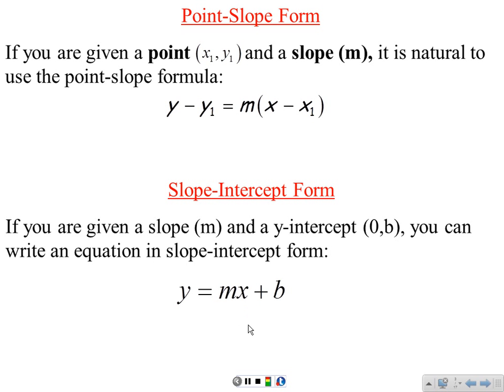But to write an equation of a line, you have to know two things: a slope and a point. If you don't know a point and you don't know a slope, you can't write an equation. Once you know those two things, you can either use the point-slope formula or slope-intercept form if the point that was given is the y-intercept. You have to be given the y-intercept in order to use slope-intercept form.